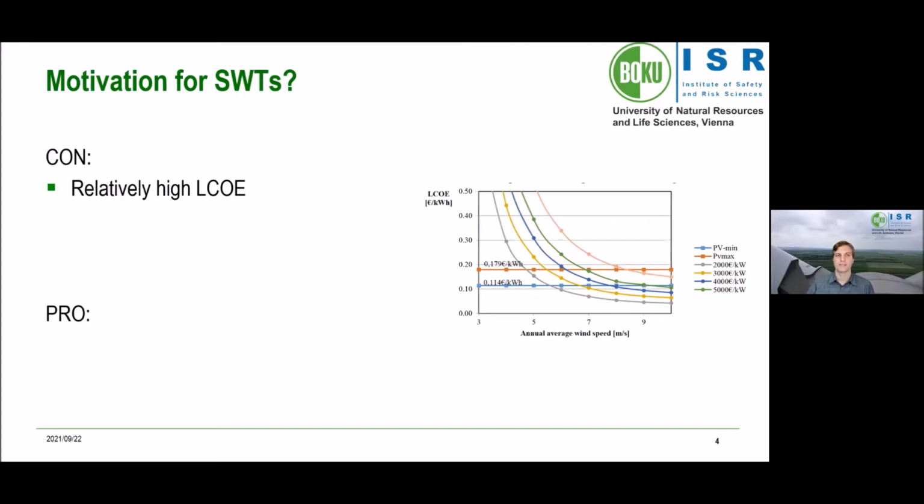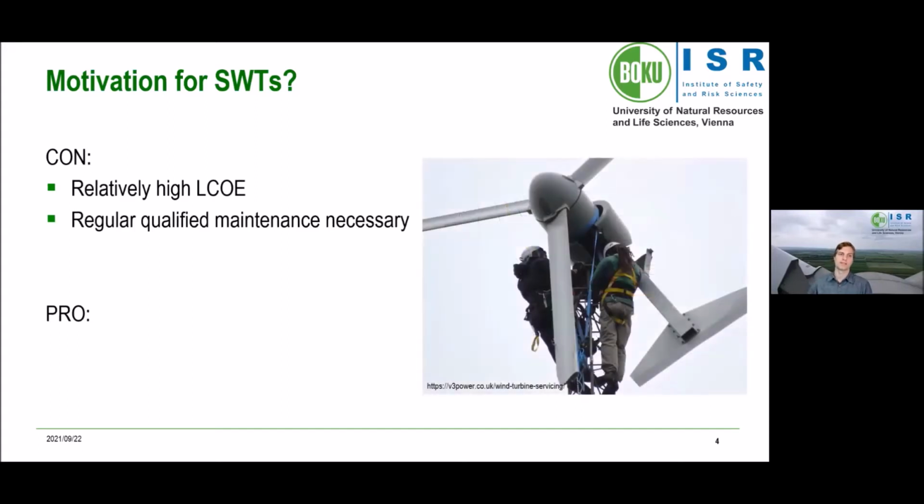I know it's different for medium-sized turbines. Then you have the maintenance, which is necessary, and it should be done by qualified personnel and so on. That's also not so comfortable compared with PV, which you just put there and usually works a long time without much maintenance.